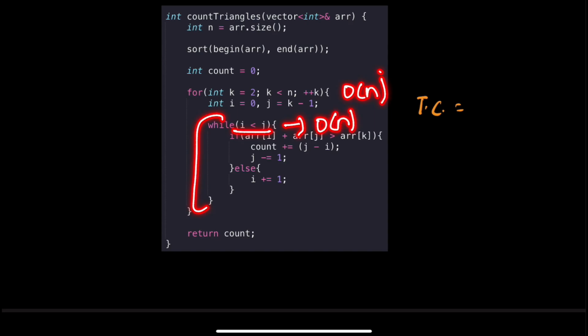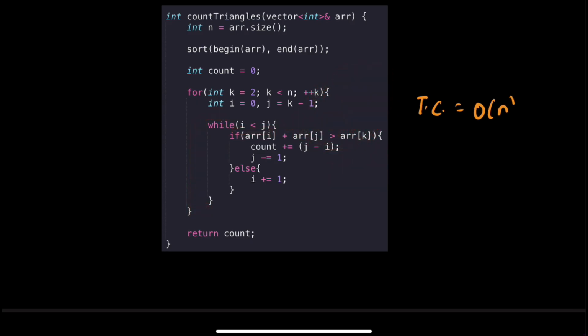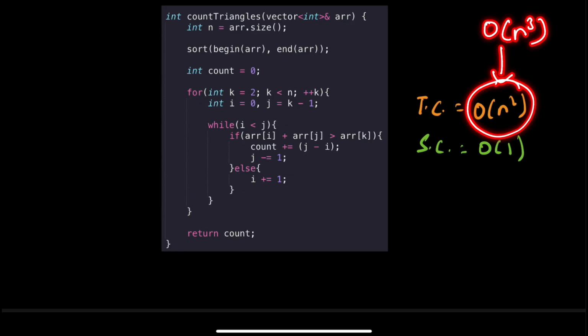If we take the overall time complexity, it will be order of n square. Coming to space complexity, apart from variables we have not taken any extra space, right? So the space complexity will be O of 1. This way we have optimized our time complexity from O of n cube to O of n square, which is a pretty decent optimization. So this was the video, guys.